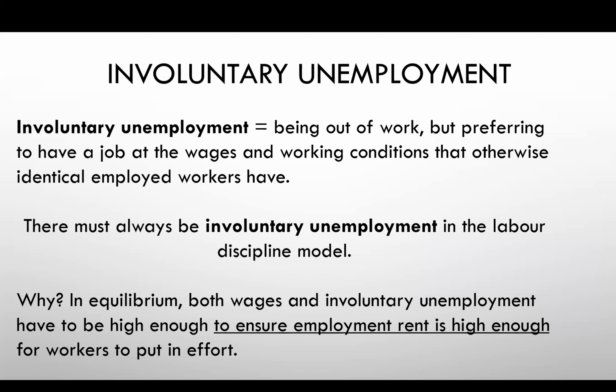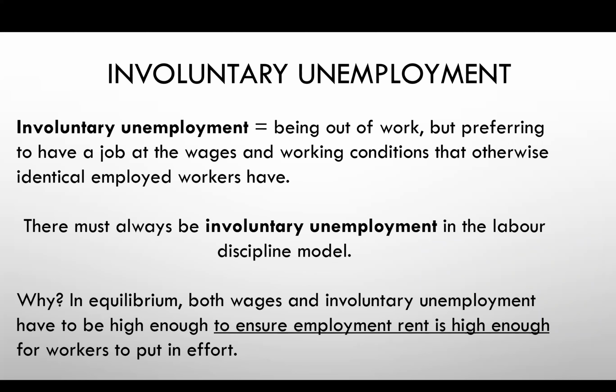So involuntary unemployment is being out of work but preferring to have a job with the wages and working conditions that otherwise identical employed workers have. So there must always be involuntary unemployment in the labor discipline model. Why? Because in equilibrium, both wages and involuntary unemployment have to be high enough to ensure employment rent is high enough for workers to put in effort.